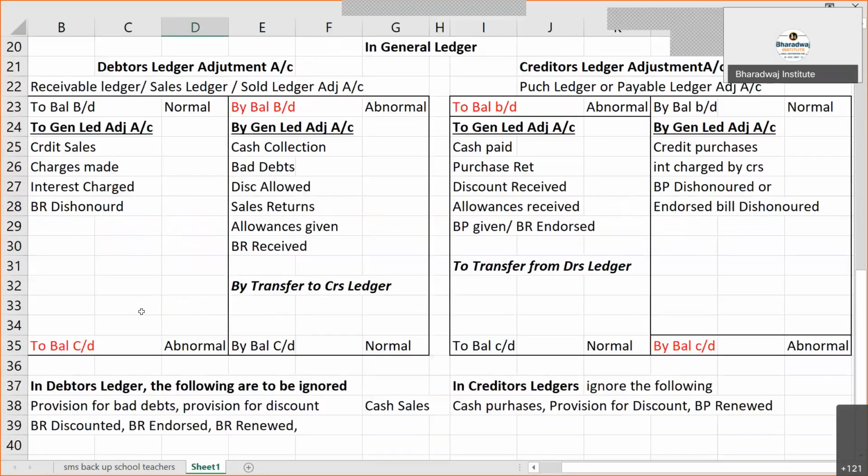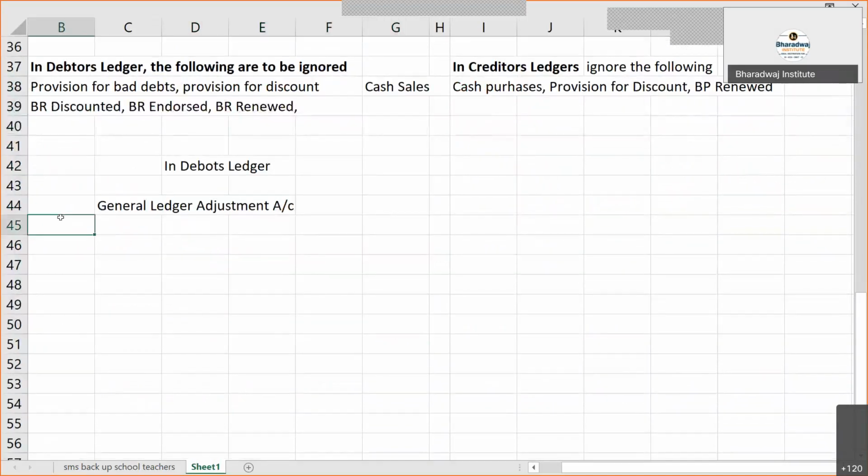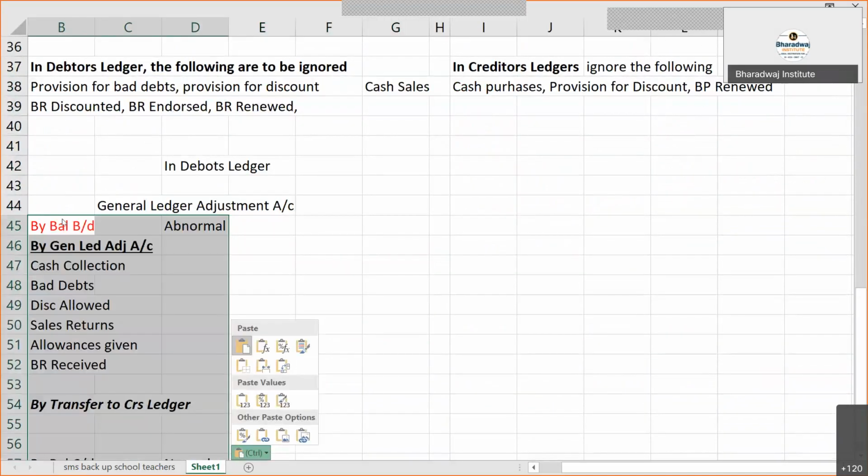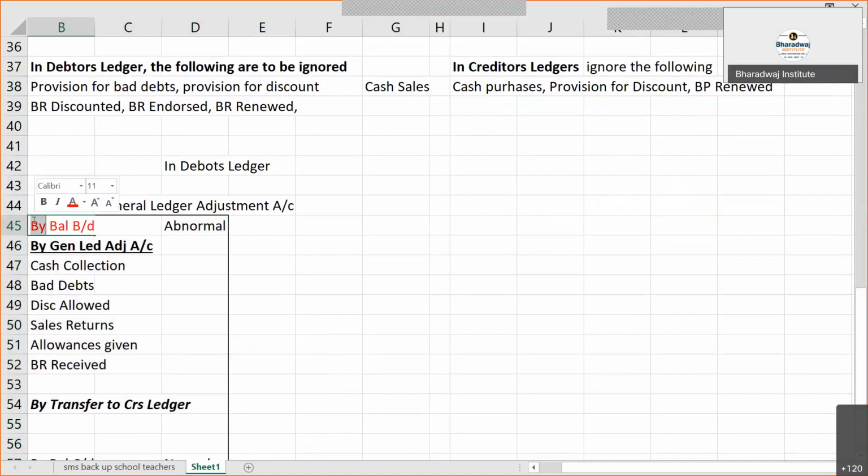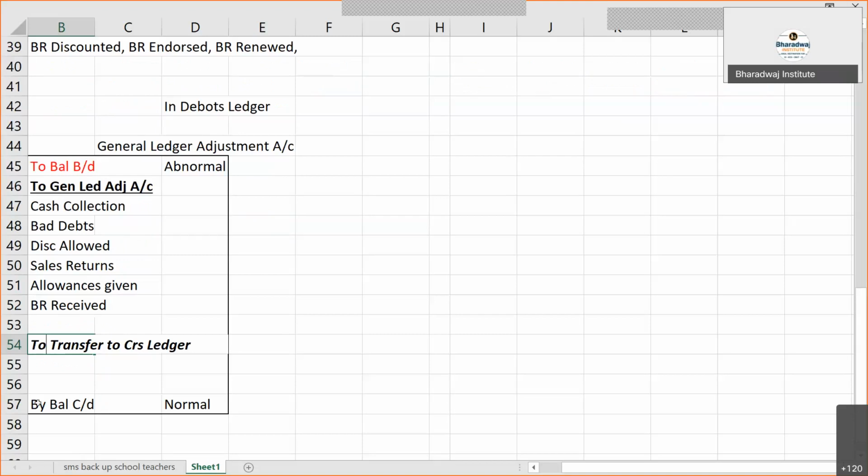So how to prepare this? Simple. Whatever was credited, just the opposite thing. In general ledger, if something is credited, it is going to be debited, to balance brought down, just a mirror image, to general ledger adjustment account, to transfers.